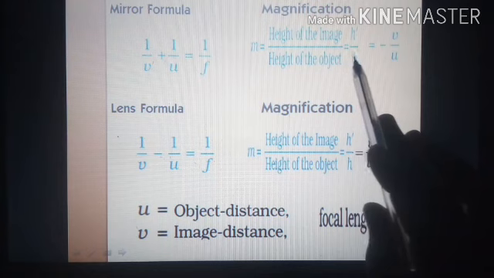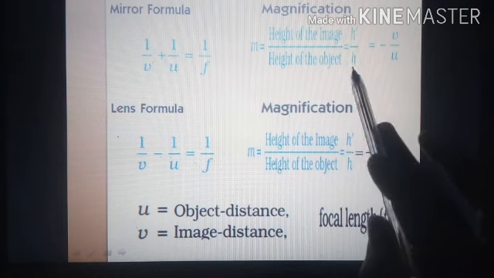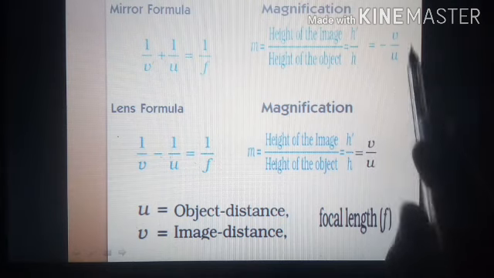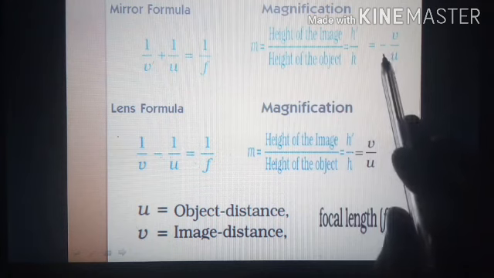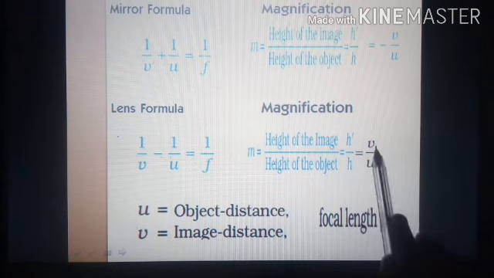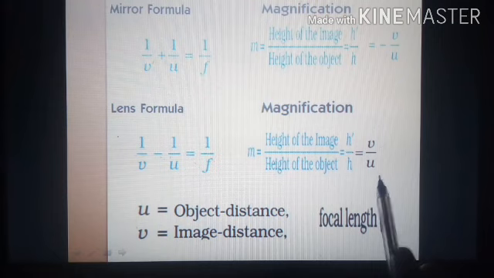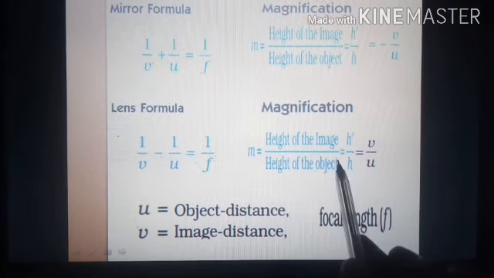By using these formulas, the object height and image height can be calculated, and the nature of the image can also be determined. For lenses, magnification m equal to h dash by h equal to v by u. Magnification for real images is always negative, and magnification for virtual images is always positive. By solving problems, we can easily understand these things.